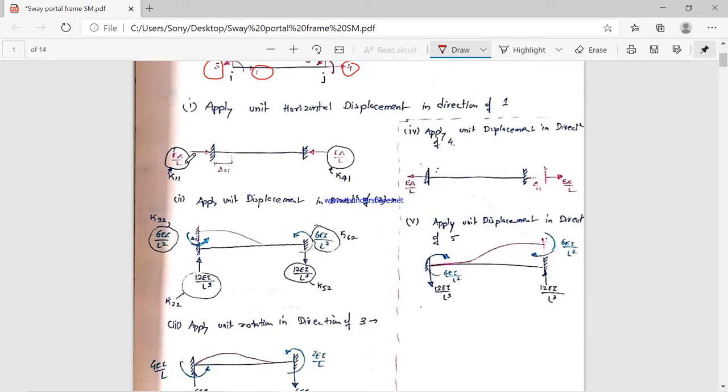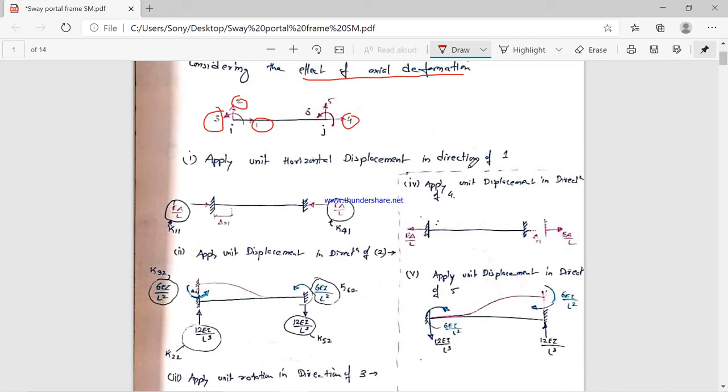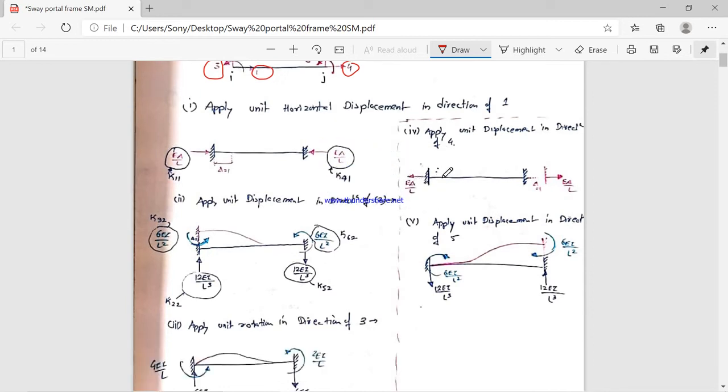So if you see here, it was going horizontally rightward, here it will be going in the leftward direction. Here it was going in the leftward direction, here it is going in the rightward direction. Okay, so when we apply the unit displacement in the direction of 4, the sign convention with respect to direction 1 will be exactly opposite.